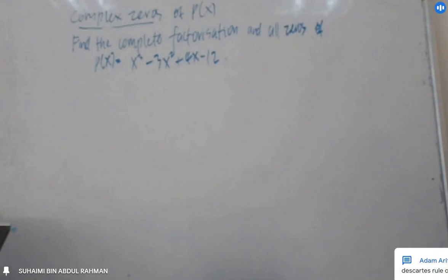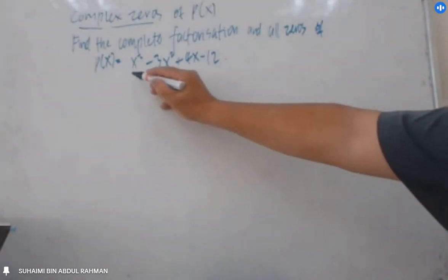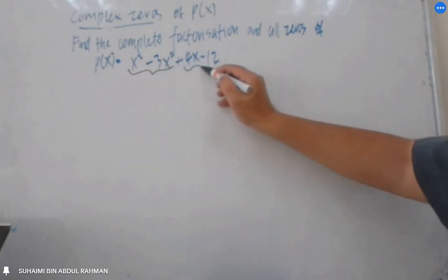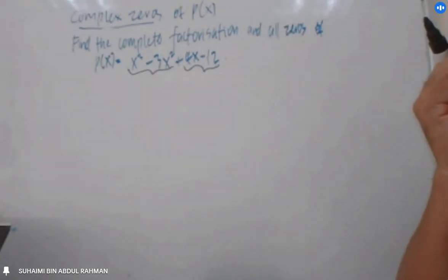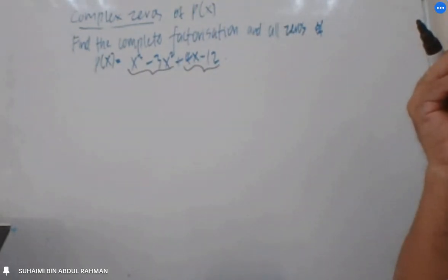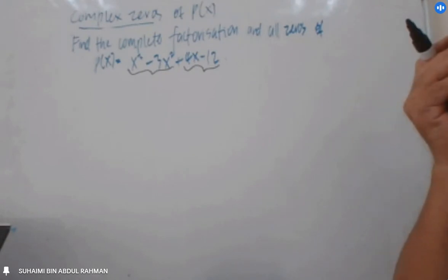But how do you get that? Factorization. How to factor? Listen here: factor by grouping.